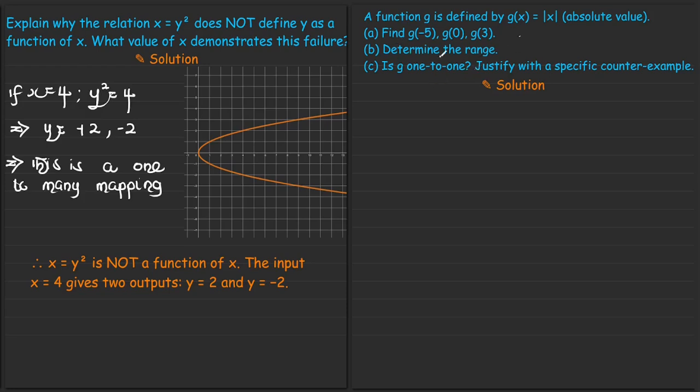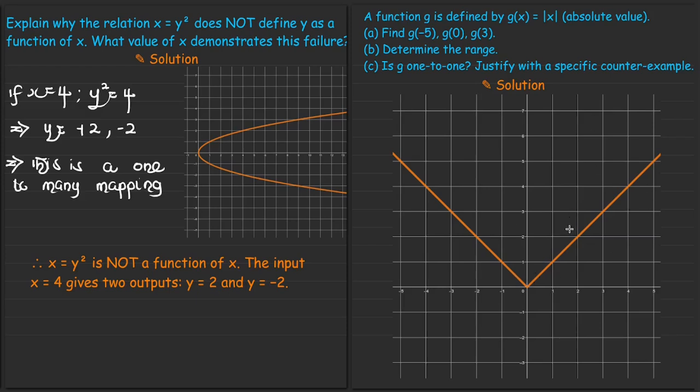Secondly, we have to determine the range of the function. And then, is g one-to-one? If not, justify with a specific counterexample. First of all, let me show you how this function looks on a graph before we actually begin to solve.